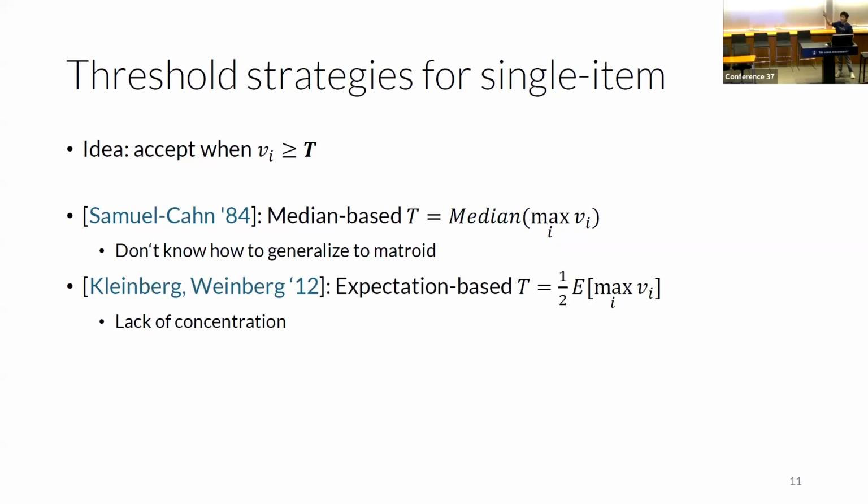However, if we want to generalize this expectation-based method to general Matroid, a crucial issue is that we cannot estimate the expected value efficiently using any finite number of samples, because the distribution is unbounded. There might be a very large value with an extremely small probability, and we have no chance of seeing that. So our plan is to start from the median-based strategy and generalize it to the Matroid setting.